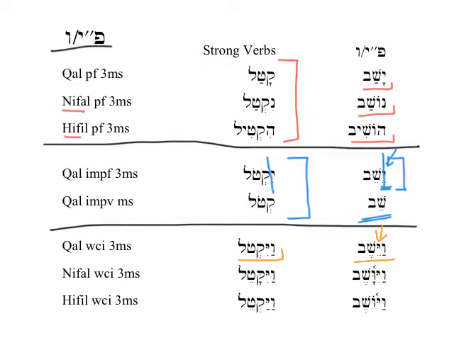And so it is that tsere under the prefix pronoun, which is our indicator of the peh-yod verb in this case. And if we look at the nifal, we have vayikatel, and that dagesh forte in the first root letter is the nun of the stem nifal assimilated, and he will be killed.